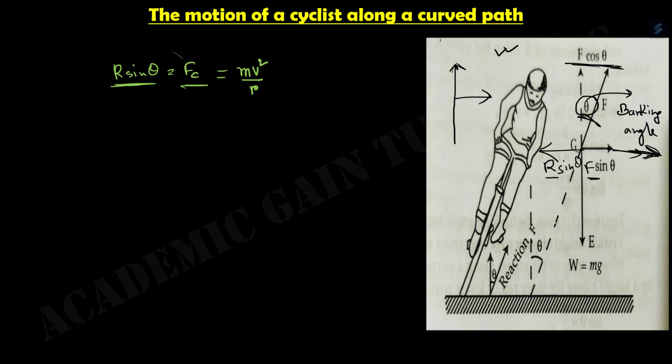And there is another thing. Here we can see our weight is acting in the downward direction, so there is a force acting in the upward direction, and this is the reaction force R. So we can write R cos theta equals W, or you can say m g.